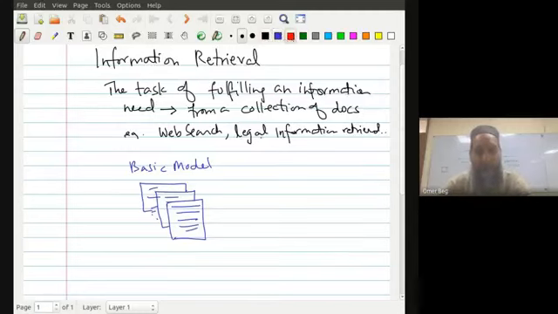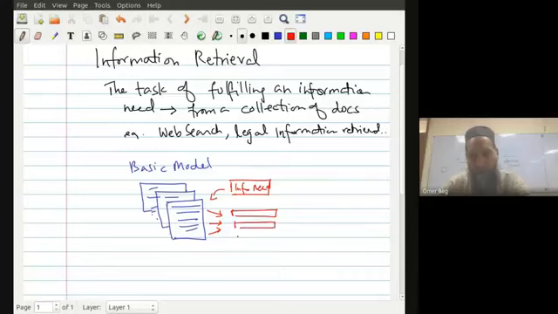Then what you get is an information need, which can be a question or a query. That information need is sent into the system, and the system then outputs some information that can be used for fulfilling this need, right?